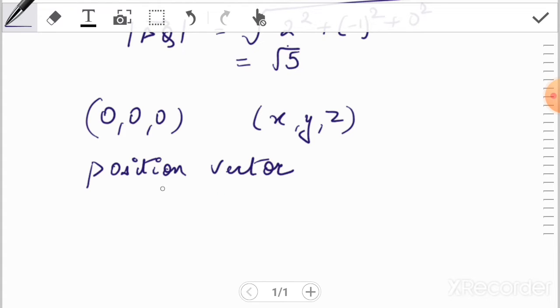So the position vector is a vector with origin as the initial point and coordinates of the terminal point as x, y, z.